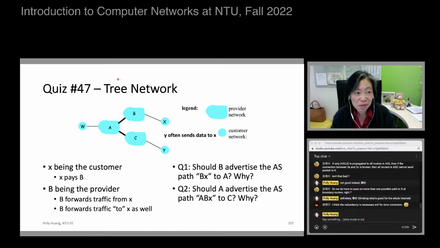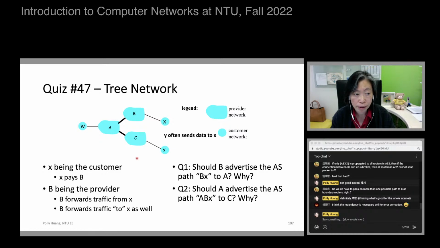And that takes us to quiz 47. The scenario is very similar. We have A, B, C being the providers, and X, Y, W being the customer networks. Here in this scenario, let me add one more condition. Y very often wants to send data to X, so traffic needs to be drawn this way.